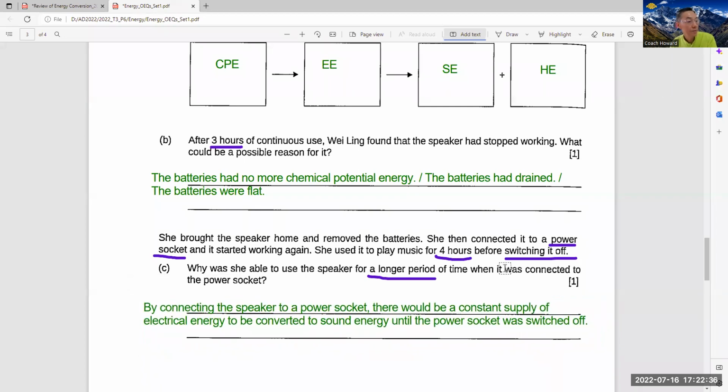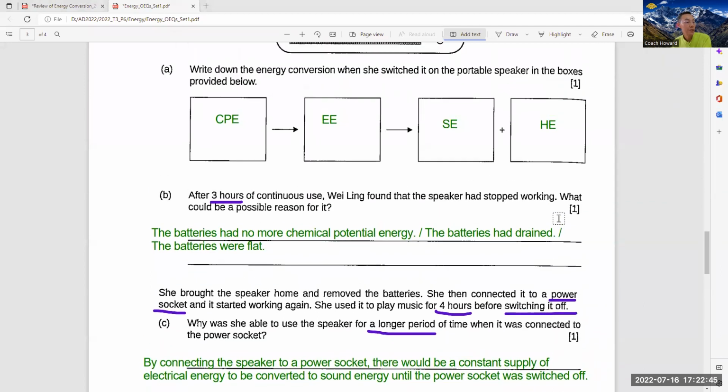Because they say before switching it off, you must say this part: until the power socket was switched off. So you take note of this. I will screenshot this and send it to you now.